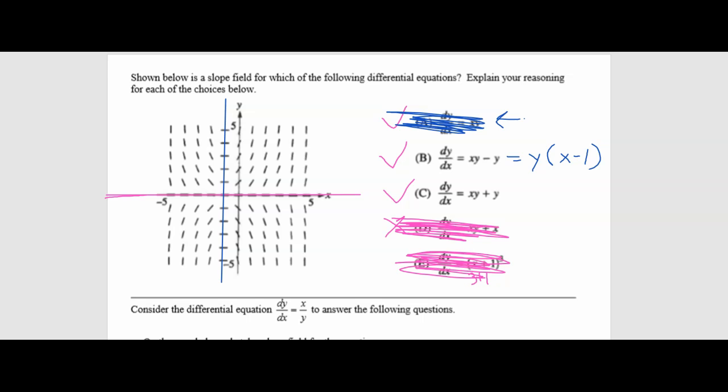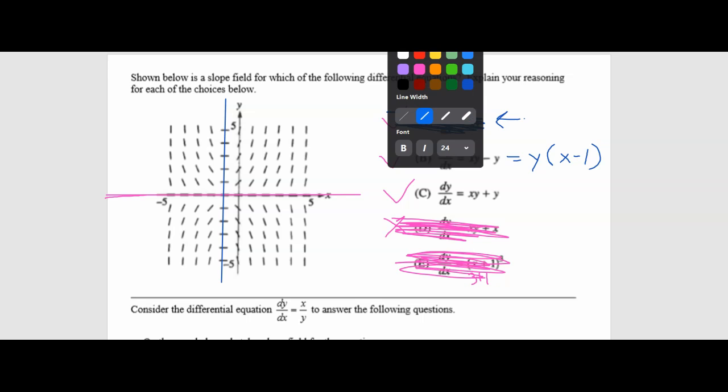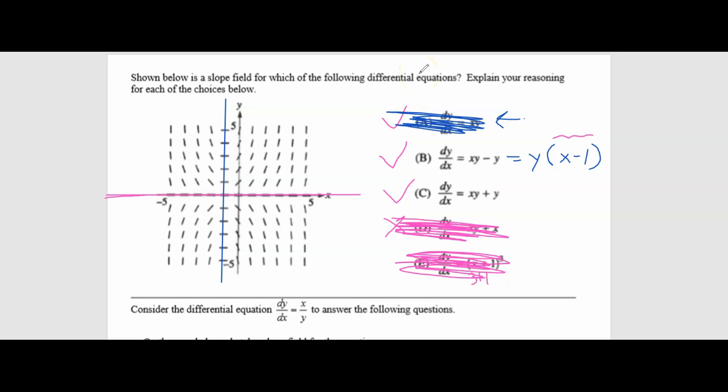When x is equal to -1, inside of this set of parentheses, I get -2. So when x is equal to -1, I'm going to get -2 times y, which doesn't always have to be 0, right? If y is equal to some other number than 0, then that entire quantity is going to be a non-zero number. So B actually doesn't work either.